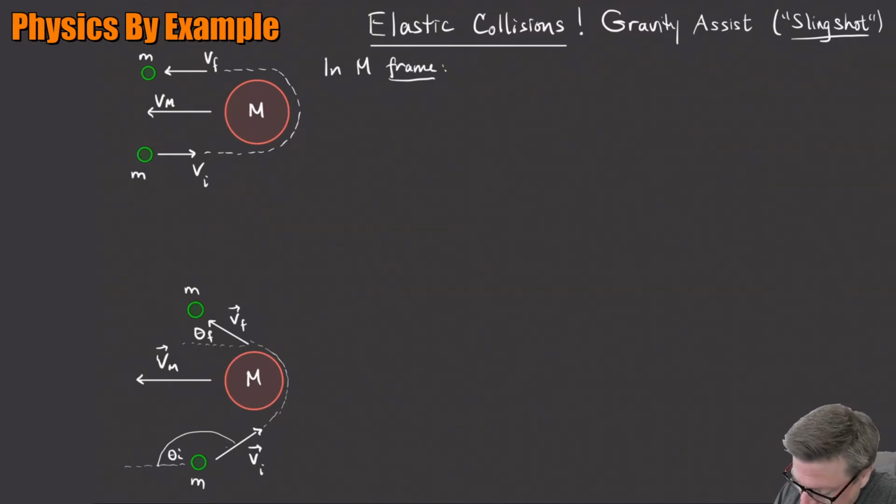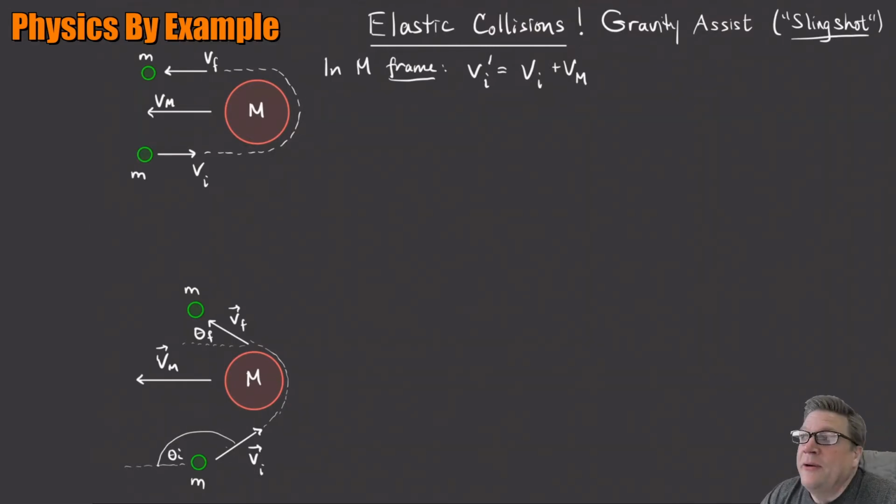So in this frame, the initial speed of the spacecraft is just the speed of the spacecraft that it had originally, and then we're going to add the Vm to it. Neat. That way, we'll have the speed of the spacecraft in the rest frame of the planet.